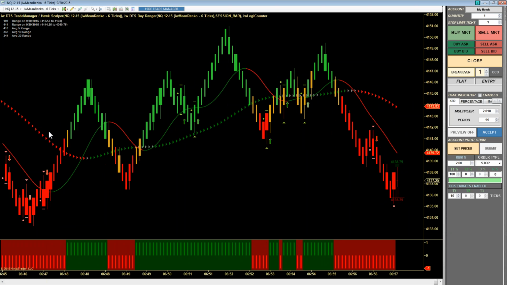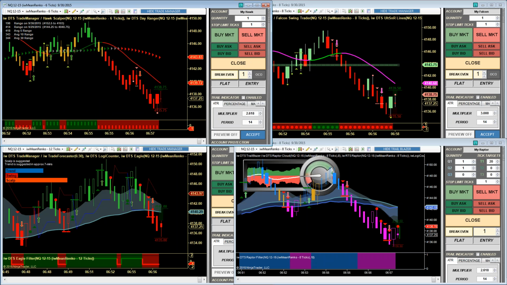We're starting to get some yellow bars drifting in here, and our filter is starting to break up. That's an early warning that the market might be getting a little bit choppy.